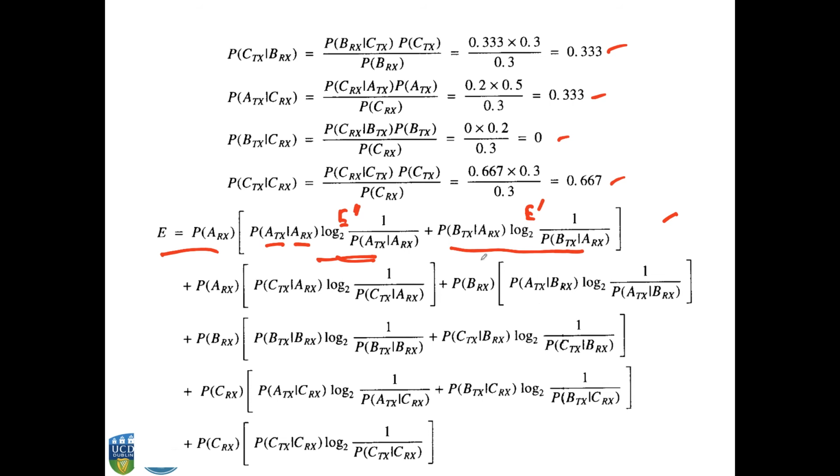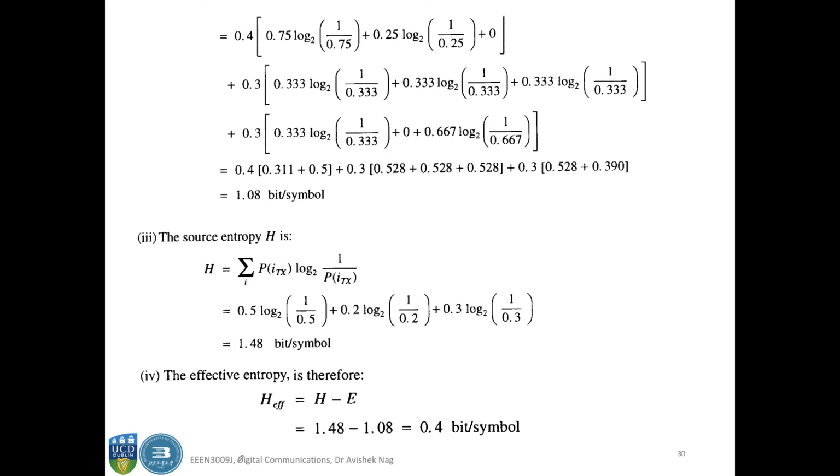You keep on writing these terms for A received, then for B received, and then for C received, and then you can sum up all these values and you will get the equivocation as 1.08 bit per symbol.